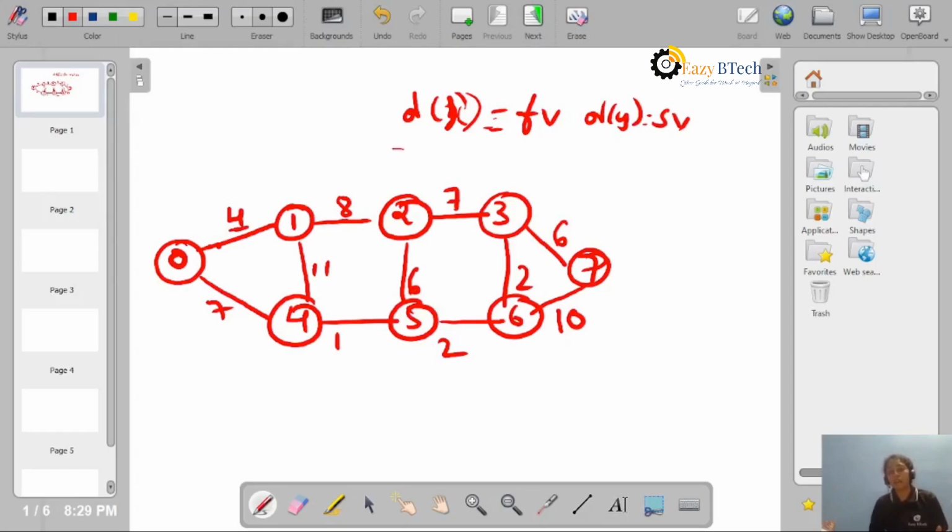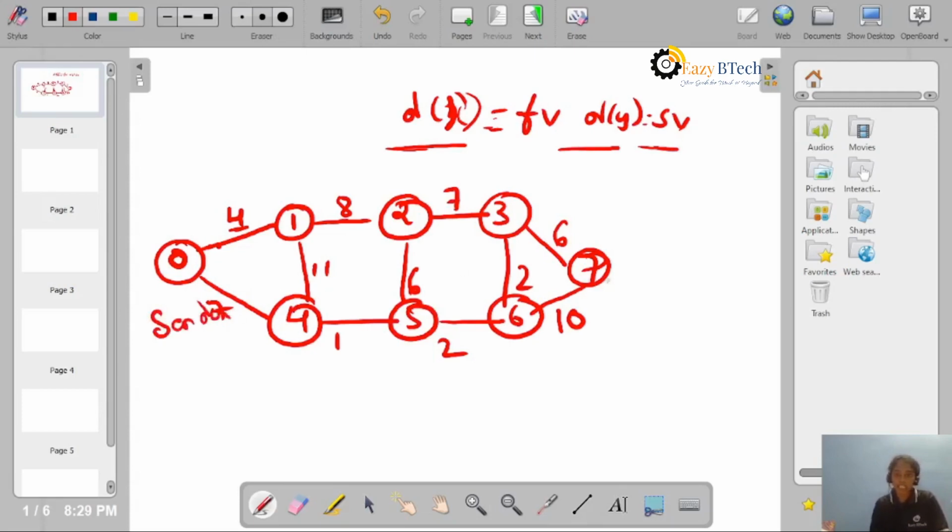We have to note two things here. D of x means the first vertex, D means Dijkstra. D of y means the second vertex. This is the graph I am taking to find the distance between each and every node. This is the sender or source vertex.